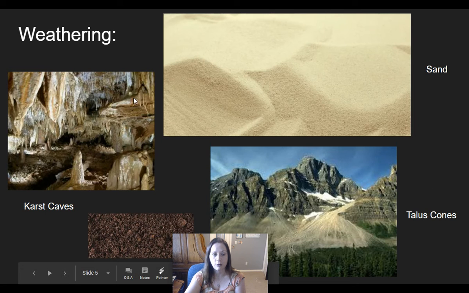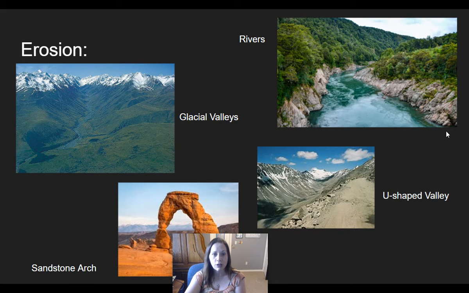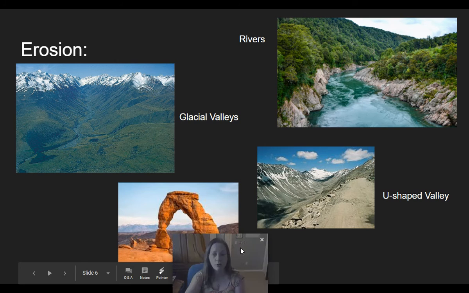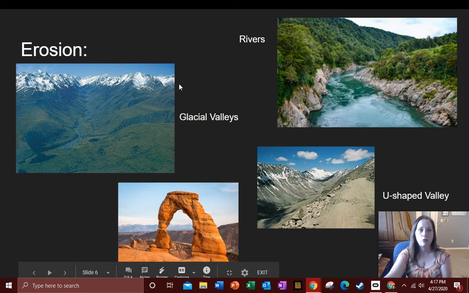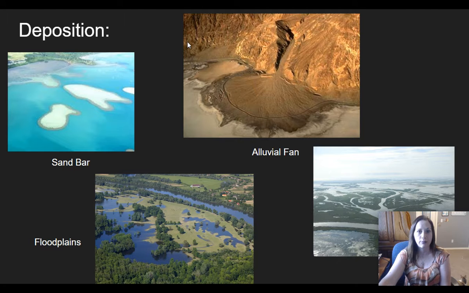Okay, so that's what you could put a picture with those words. And then erosion creates things like glacial valleys, this valley down here, rivers, U-shaped valleys, sandstone arches. All of these kind of landforms are created by the moving of that sediment, the erosion.